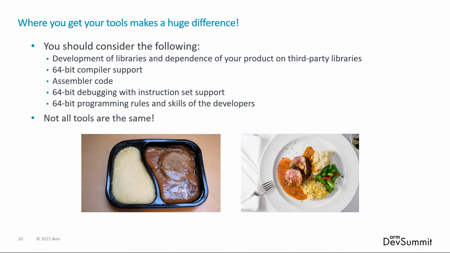Here are a few key things to consider when moving your code to a 64-bit environment and toolchain. First, look at the libraries that you're using. Some may be internally developed and need to be rebuilt using the new model. This is straightforward, but must be done. Are you using outside and third-party libraries?